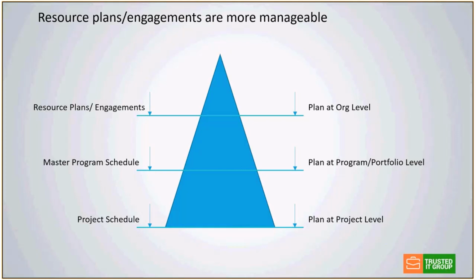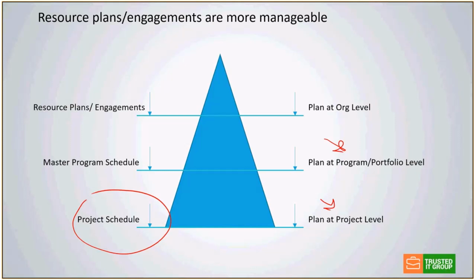You see this pyramid here, and at the lower level we have the project schedule where we can build those resources at the project level. At the high level we have the master program schedule, where we say here's the plan: plan at the project level, plan at the program level.